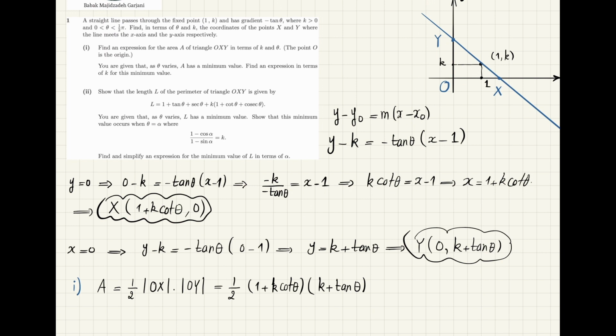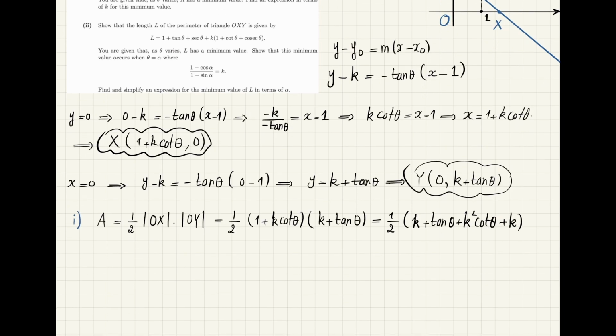And I think it would be easier if we multiply these two brackets. So then it becomes 1 over 2 times k plus tangent of theta plus k squared cotangent of theta. And then you can see, if I multiply this term by that term, because cotangent multiplied by tangent is 1, I will get just k. Yes? And then I can combine this k and that k, it becomes 2k, and then I multiply this 1/2 inside.